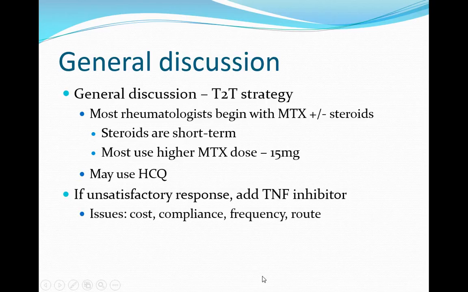The other key point about methotrexate is that you must give it with either folic acid daily or folinic acid once a week. All right? Because people will end up with anemia and they'll have more toxicities. And the other thing is we could use hydroxychloroquine. And if we have an unsatisfactory response, we will add a tumor necrosis factor. So that's a general rule of thumb that we use.